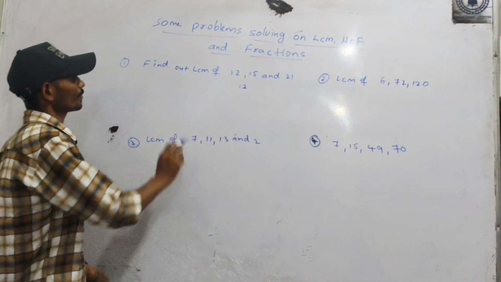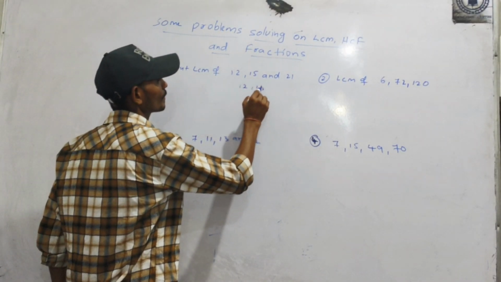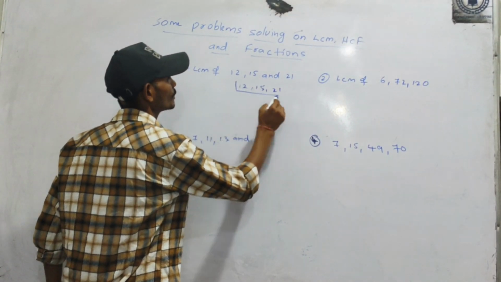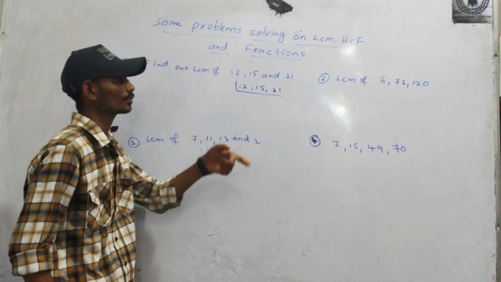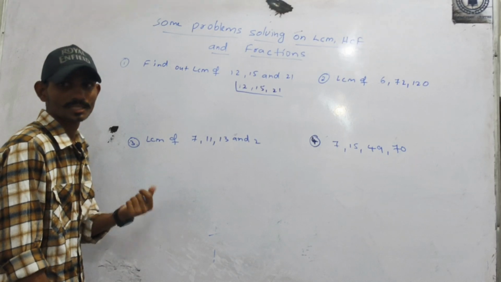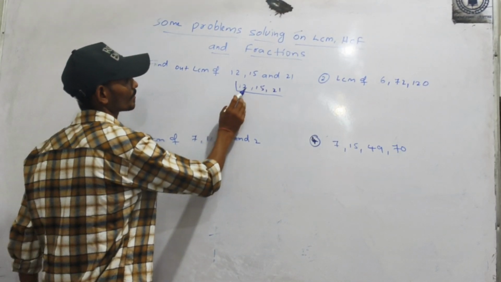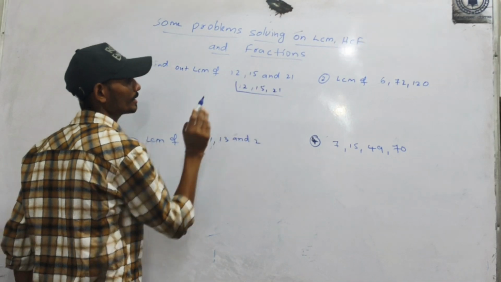Okay, now find the LCM of 12, 15 and 21. You take all the numbers at a time and check whether at least two or more numbers are divisible by a single number or not. So I am checking. 12 is divisible by 3, and so are 15 and 21.